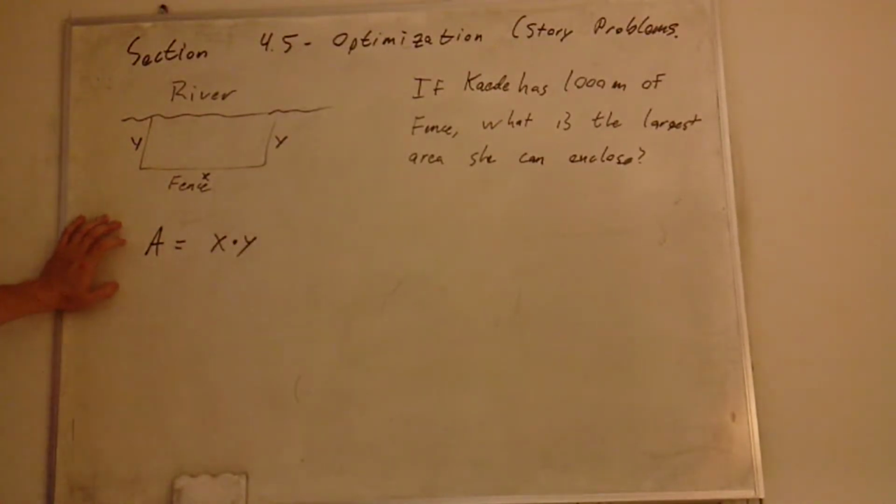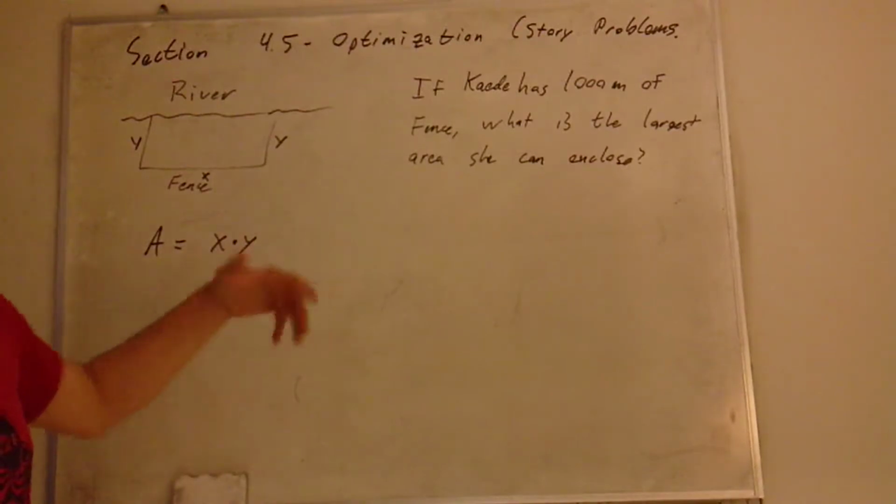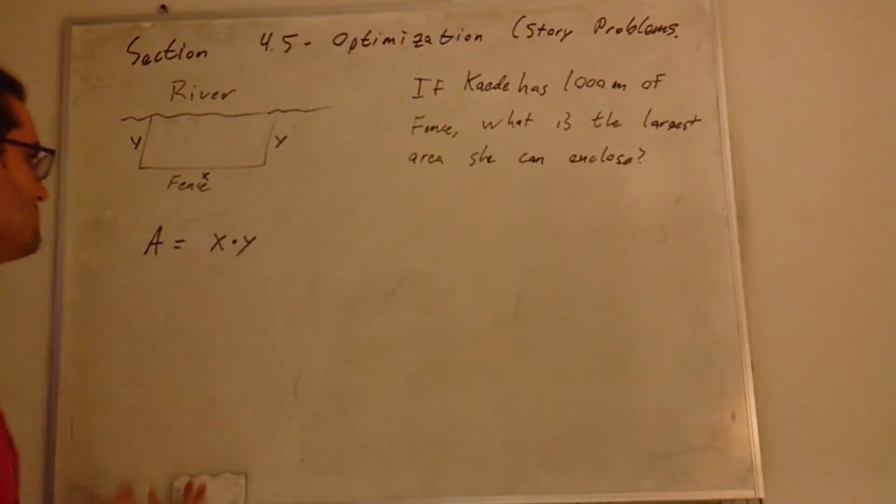That's just the area of a rectangle. As it stands, this relationship is not something that we can optimize using Calc 1 because this is a multivariable expression. The area depends on both x and y together. That's going to make this annoying.